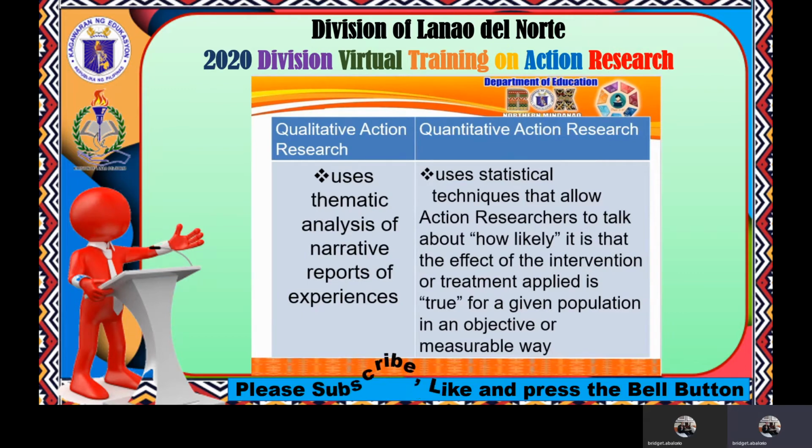Meaning to say, it involves statistical tools like, for example, the central tendency. Then we also have inferential statistics like t-test, chi-square, and the ANOVA or the ANCOVA.